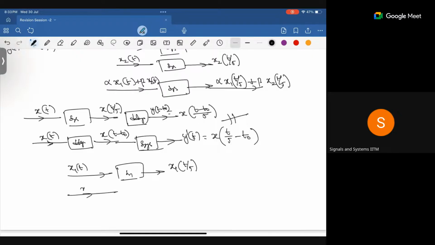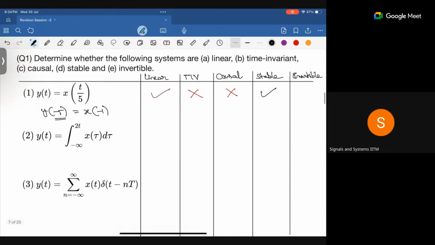And you take x2 of t, which is not equal. Then if x1 of t is not equal to x2 of t, you scale x1 of t and scale x2 of t. They will not be equal, no? If these two are not equal, these two will also not be equal. Correct? So it is invertible.